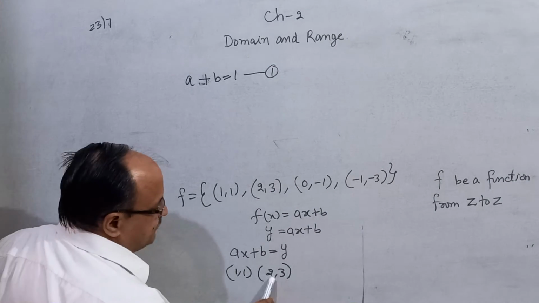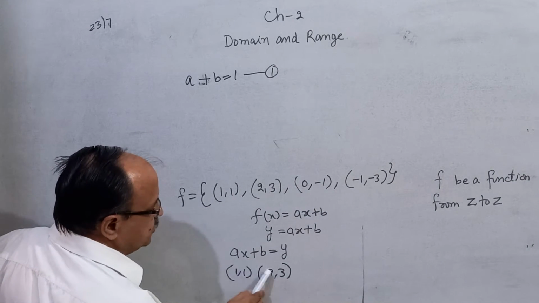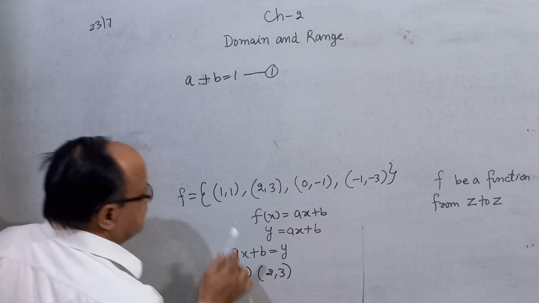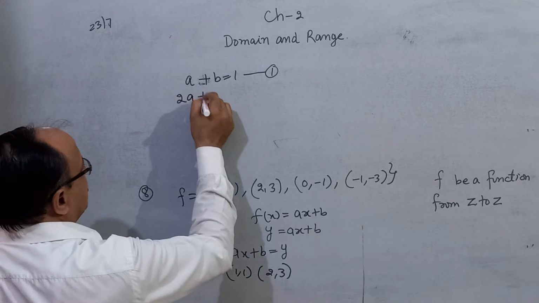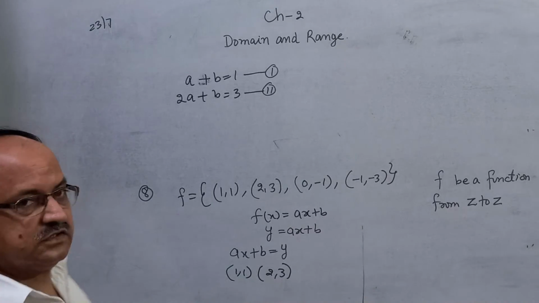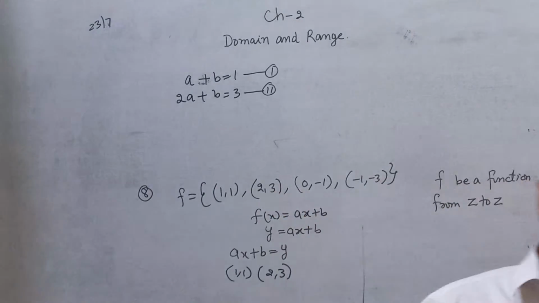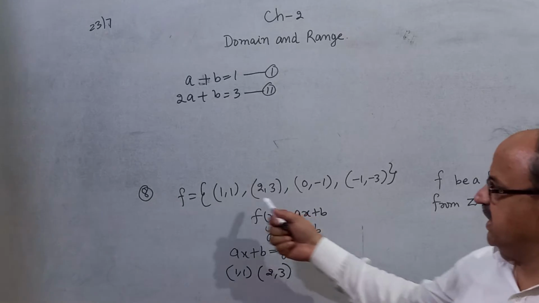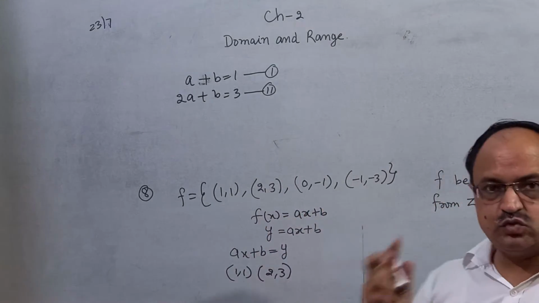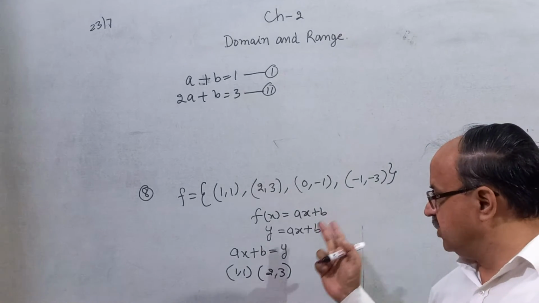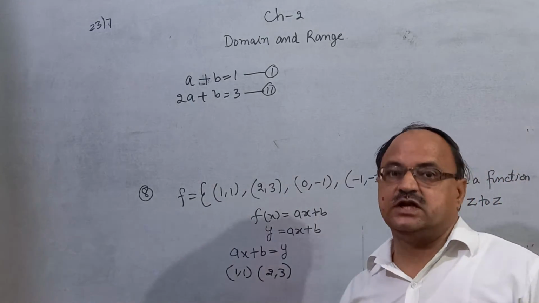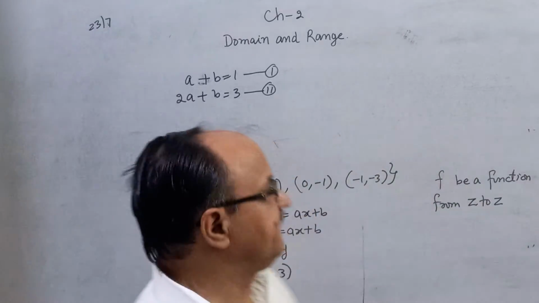Now put the second ordered pair, 2 and 3. The equation becomes 2a plus b is equal to 3. This is the second equation. Clear? You can take any two ordered pairs from this and put the values of x and y in the equation. So you will get two linear equations in two variables.